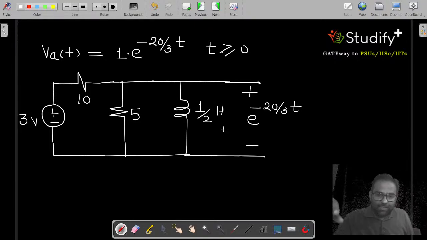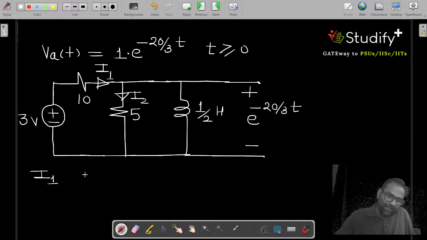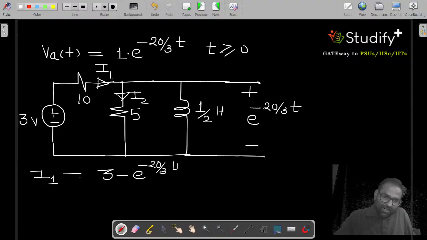If this value is minus 20 by 3, we can calculate the current in this branch. Let me call this current as I1 and this current as I2. What is the value of I1? The value of I1 is given by 3 minus e to the power minus 20 by 3 into t, divided by 10.